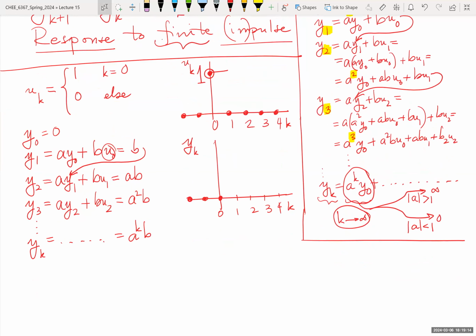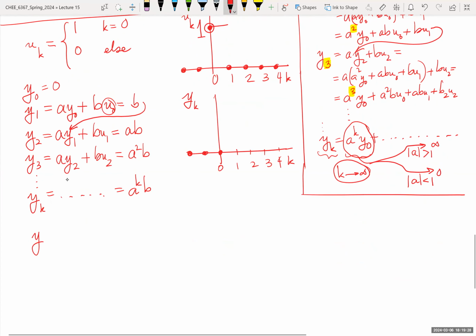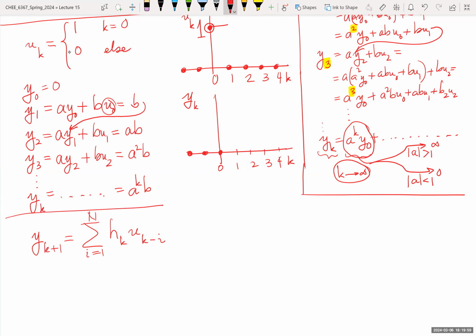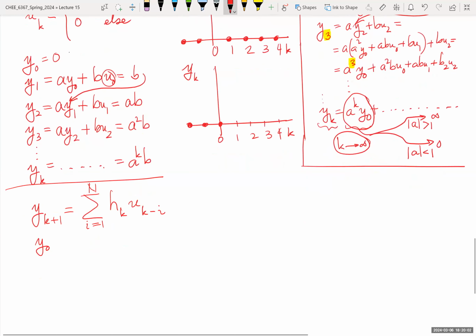And now it's fairly clear that if you actually write your model as y k plus 1 is the sum of h i u k minus i, where i goes from 1 to n, if I throw this input to my system, I can also observe what I will get for y0, y1, etc. Let's do it together. y0 is going to be what value?